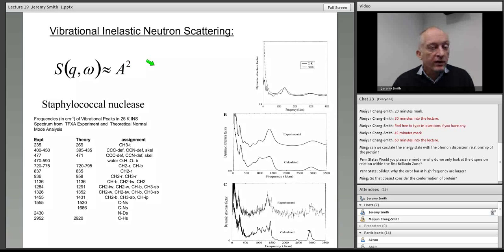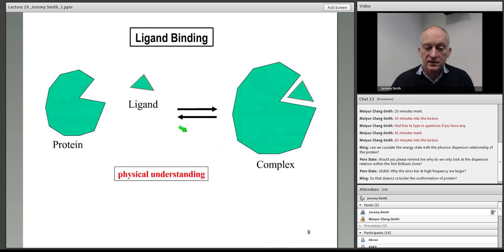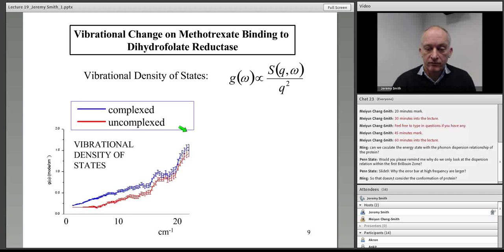So low frequency vibrations have higher amplitudes. You can see that here actually. This is the dynamic structure factor, and these low frequency vibrations have high amplitudes. This is your 1 over omega squared variation coming in here. And that is why the statistics are better at lower frequencies. Because the amplitude here, you can't see, this is the density of states, so it's had the amplitude removed from it. But that doesn't remove the amplitude from the statistics.